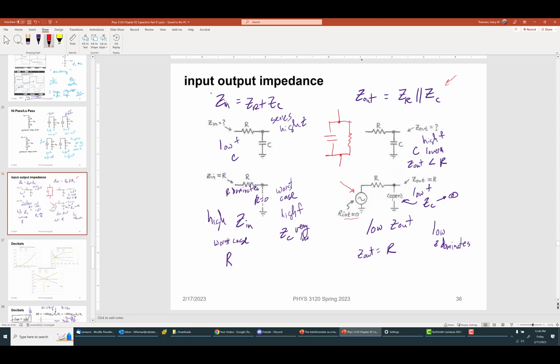The largest possible Z out is R, just as the lowest possible Z in is also R. So unless you have a very specifically tailored circuit, you just say that the input impedance is R or better, and the output impedance is R or lower. So input is R or larger, and output is R or smaller.